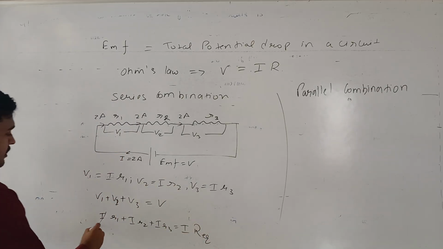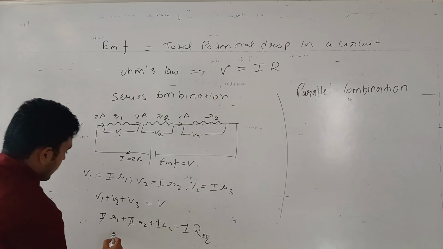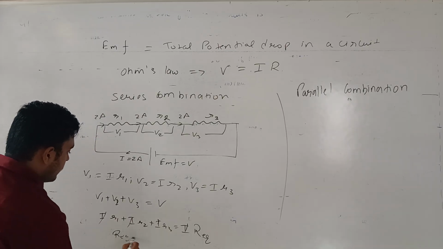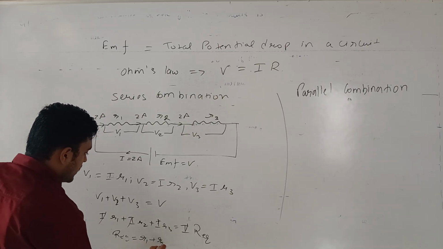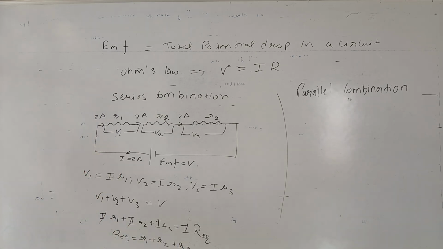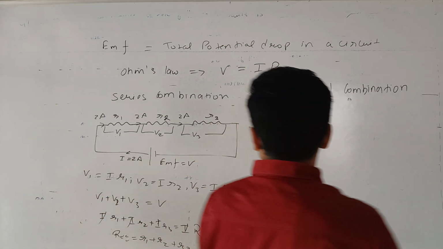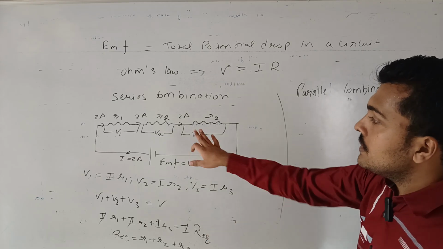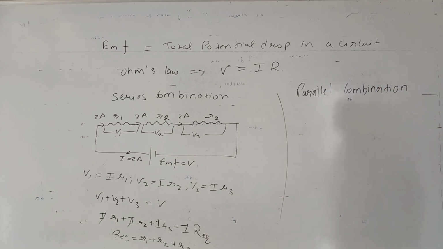I is common in all, so I will get cancelled. So R equivalent will come out to be R1 plus R2 plus R3. Therefore, in a series combination, equivalent resistance is the sum of the three resistances.